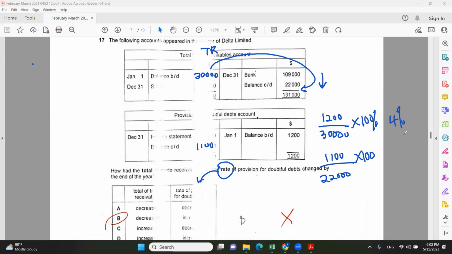Whereas 11 divided by 22 times 100, this one I get 5%. So this is an increase compared between the beginning and the end. Okay, now next.